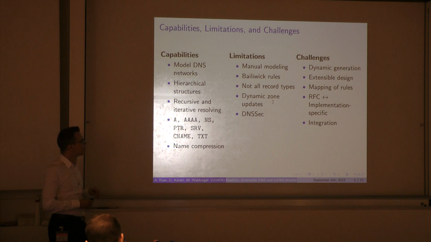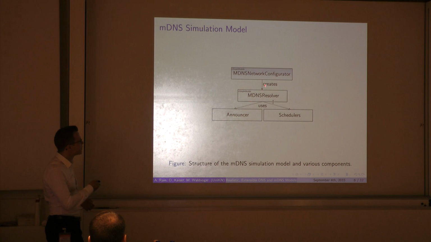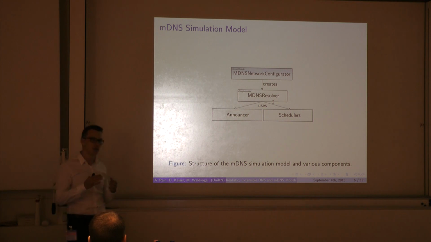So that's a part for the DNS simulation model. Now we also want to show you how our mDNS simulation model is structured. So here you can see we have two simple modules, mainly the mDNS resolver and the mDNS network configurator. These are the high-level components that you would actually use.